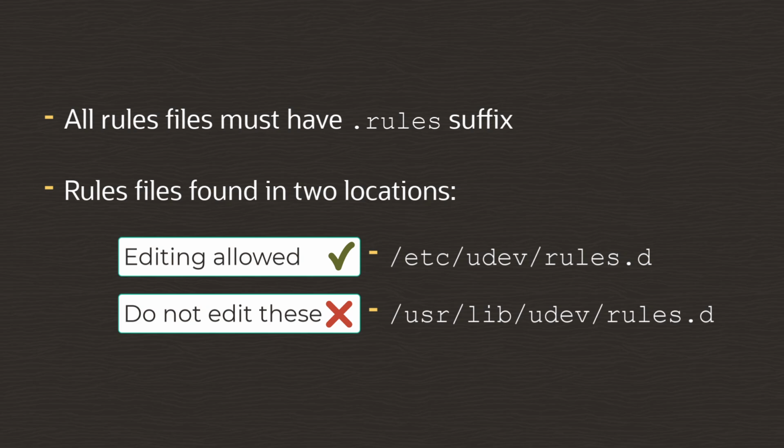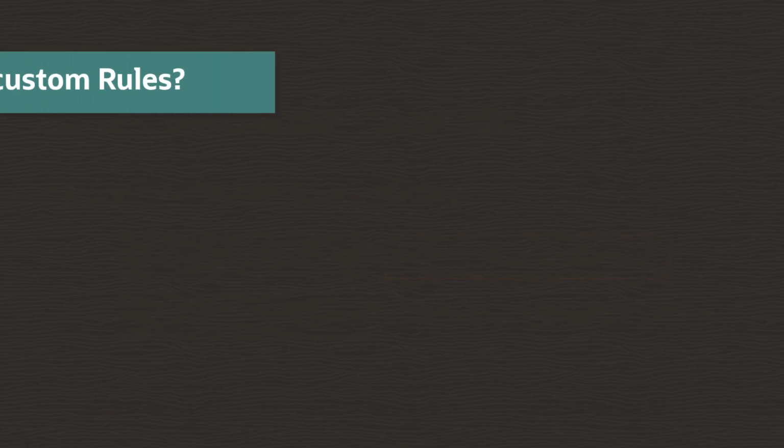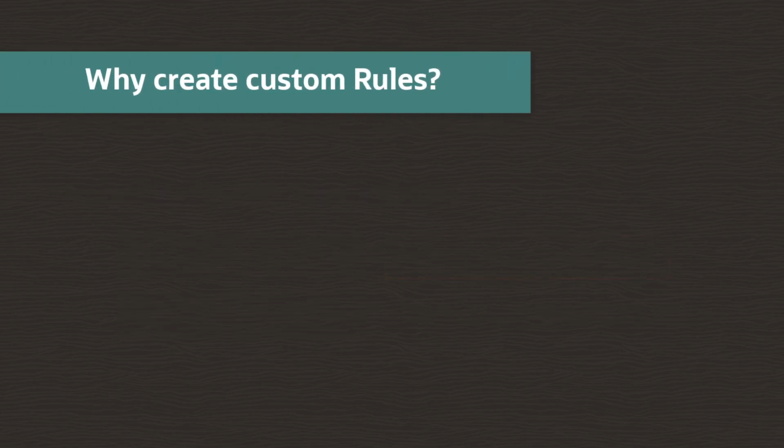So which takes precedence if there are two with the same name in both the /usr/lib location and the /etc/udev location? Well, it's the rules written by the administrator and placed in the /etc/udev location. But why would an administrator want to create a custom rule?